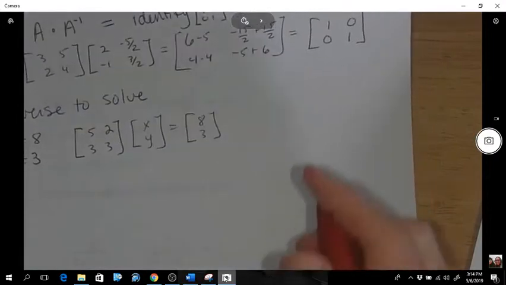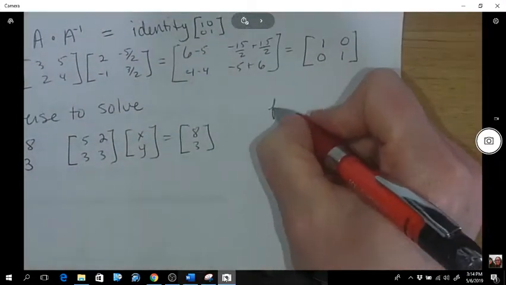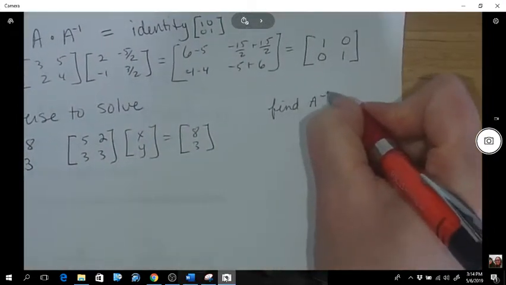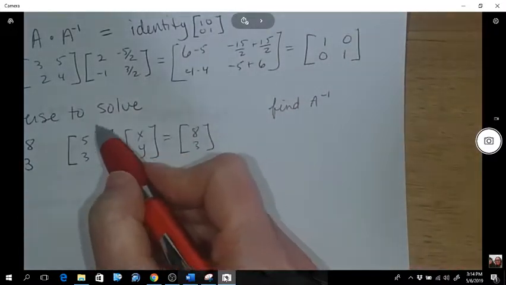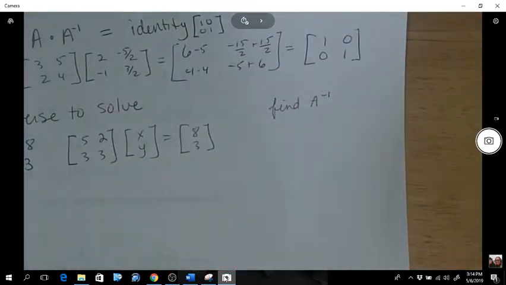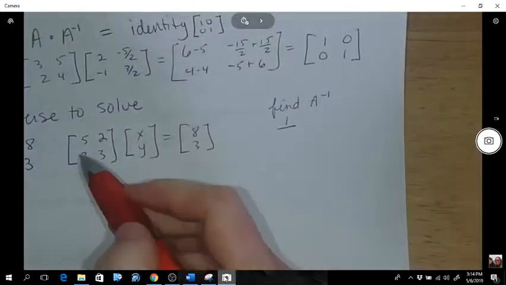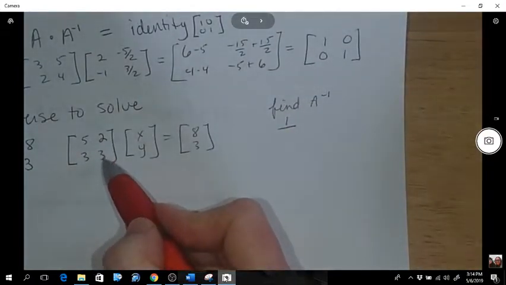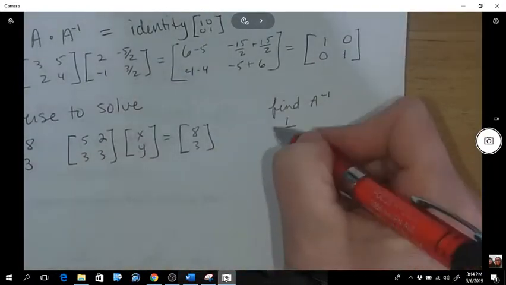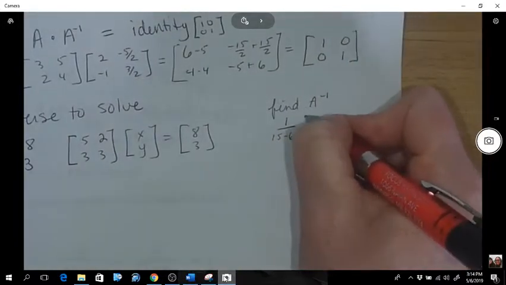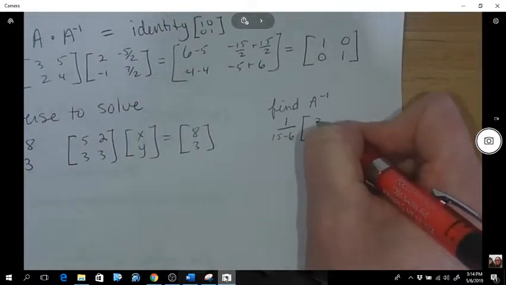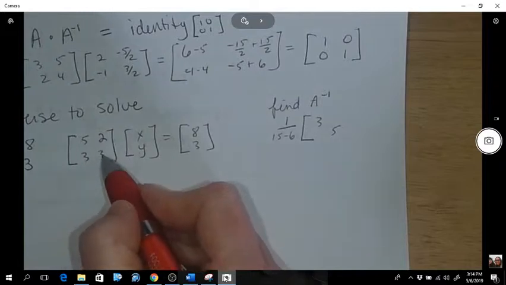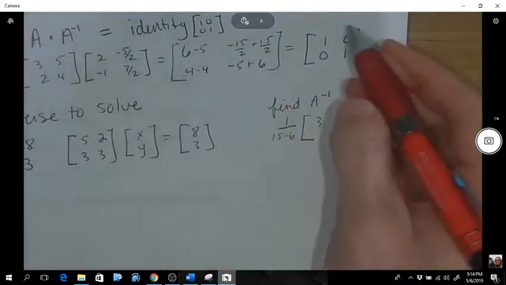Now over here on the side, I'm going to find A inverse. When I talk about A, I'm talking about this 5, 2, 3, 3. So 1 over 15 minus 6 times, and then we flip-flop those two locations and negate those two.